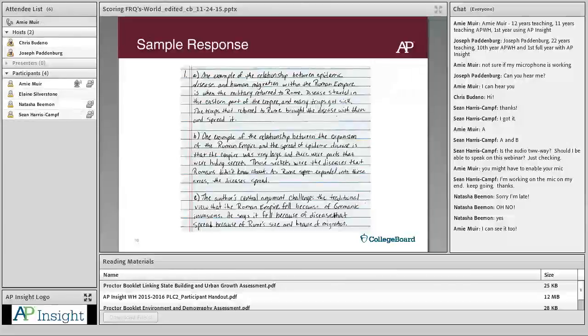It's also in the download that we got, on page 4 of the PLC handout. I think it's just the participant handout.